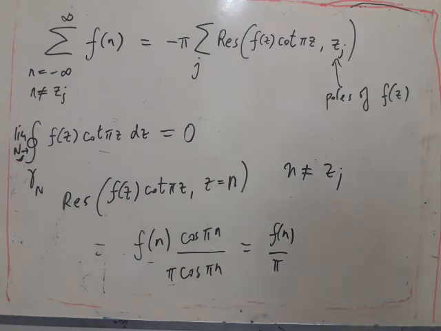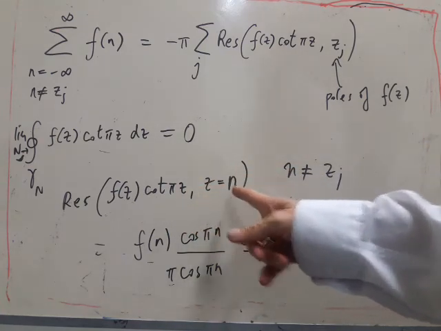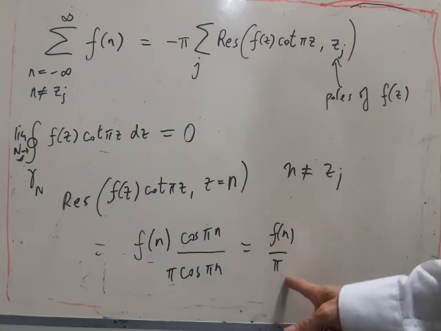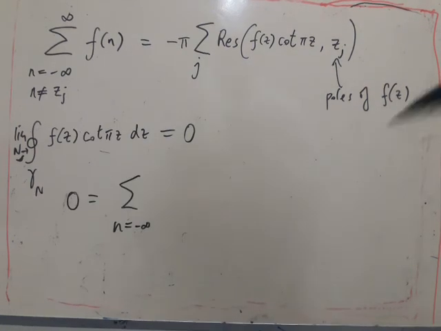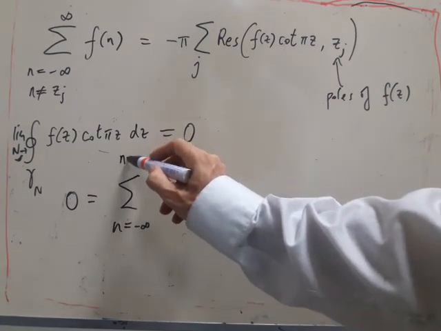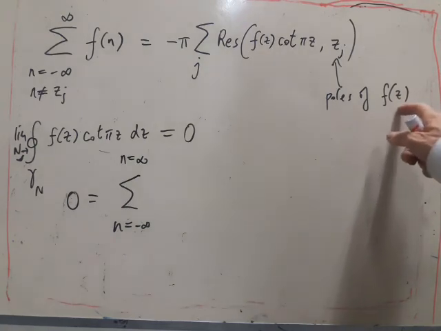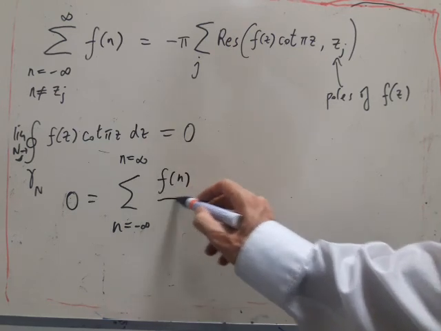So the sum of all of these is going to be the sum of f of n over pi over all integers except any integers which match the poles of f of z. And those are the residues that we have left. So first we sum over all of the integers which don't coincide with poles of f of z, and we've just said that's going to give us this.